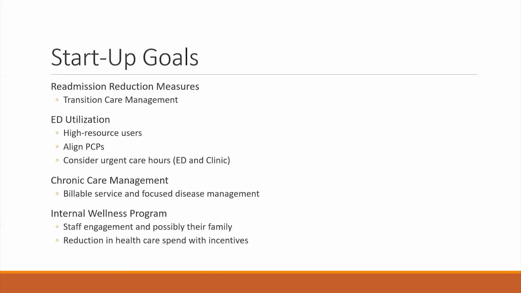And then that reduction in healthcare spend with incentives. So if you want more on that, we can go deeper into that as well. But there are some really good programs out there in engaging the wellness programs in both your internal infrastructure as well as your community.